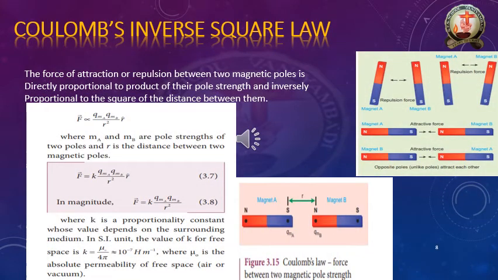Next one is Coulomb's inverse square law. Before explaining the topic, please all of you see the figure that I inserted in the right side corner. Before explaining this figure, I would like to revise once again the electrostatics chapter.